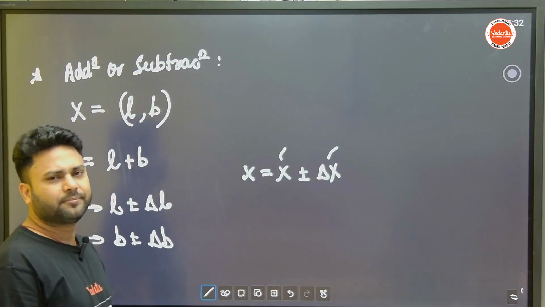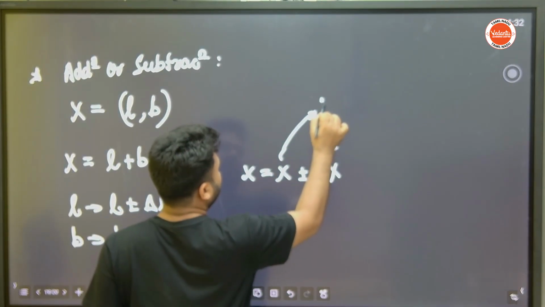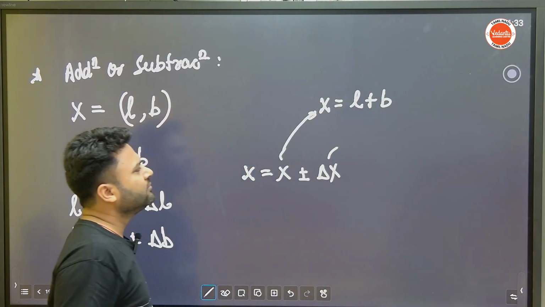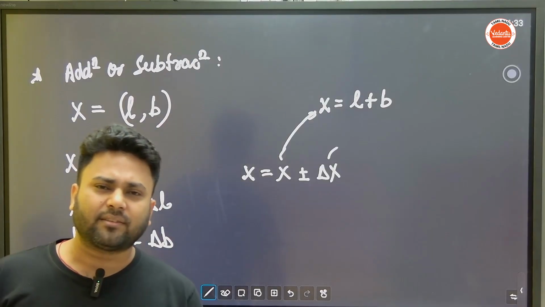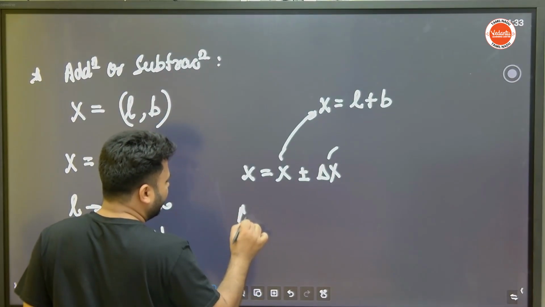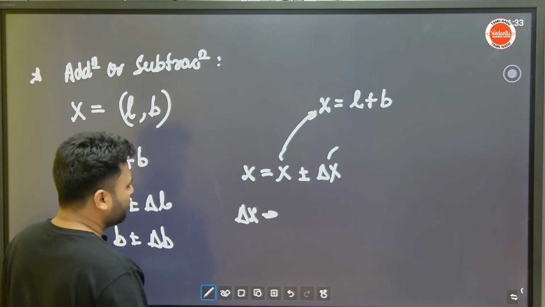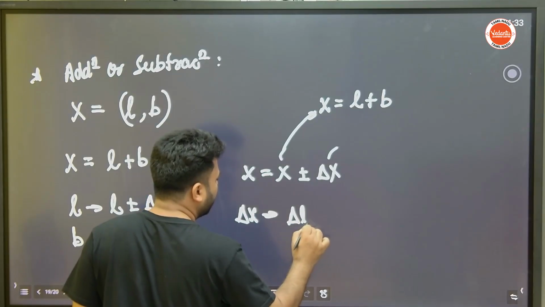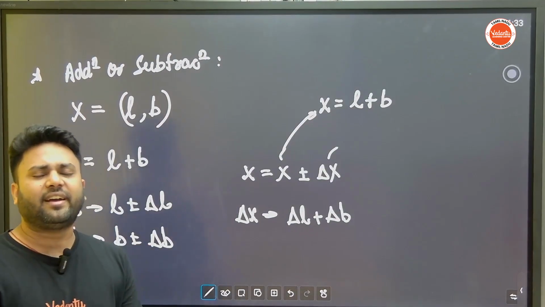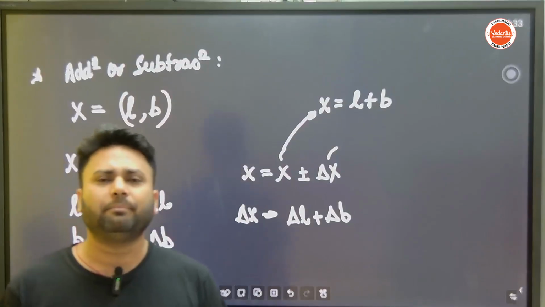This x we write directly because we know x is equal to L plus B. And delta x, the error in x, always remember error is always added. So we will add the error of length plus the error of breadth. So this delta x will become delta L plus delta B.